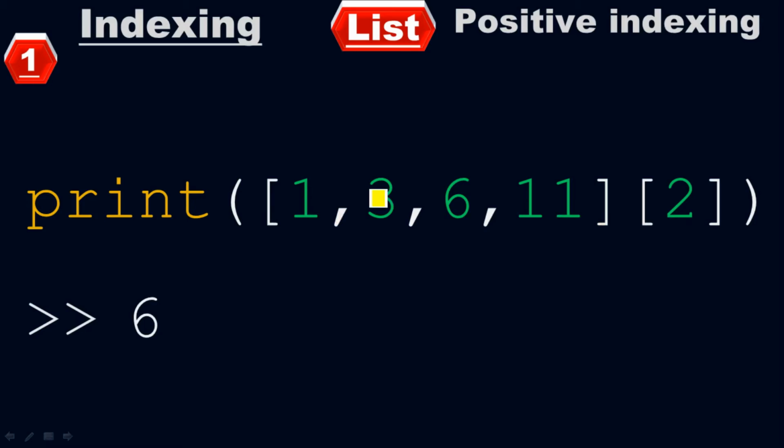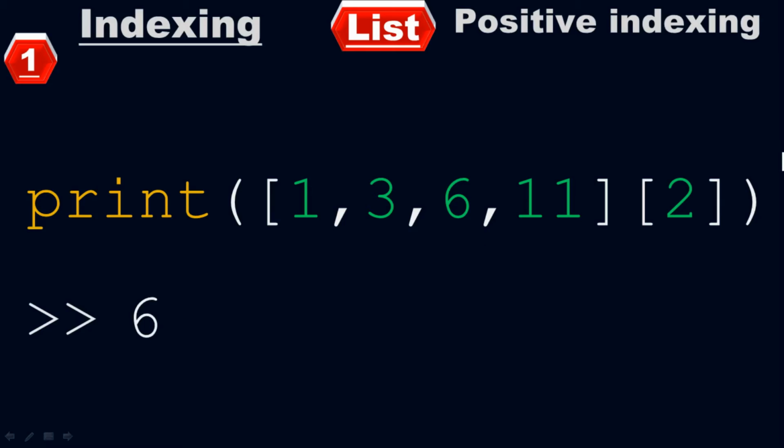When you run it in the Colab, you will get the same 6 in the output, because the index value for 6 is 2. I repeat, indexing starts from 0: 0, 1, 2, 3. This is the second way to find the indexing.